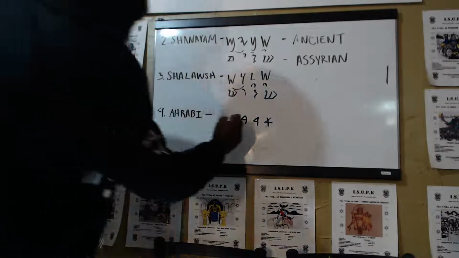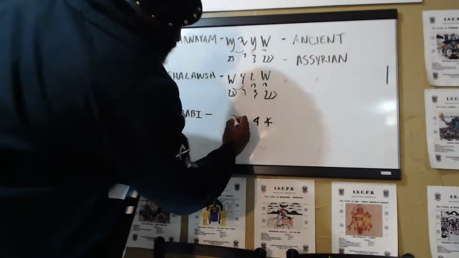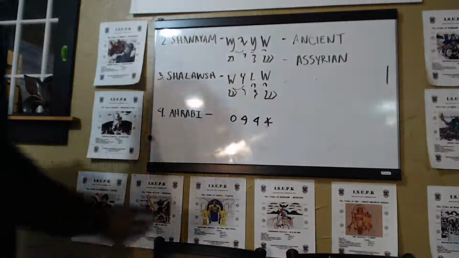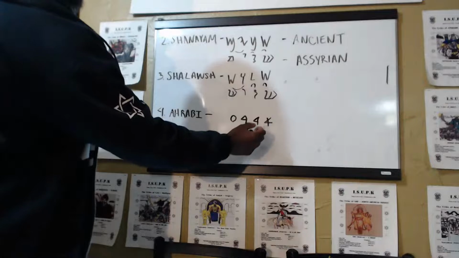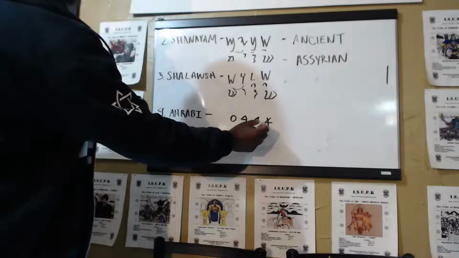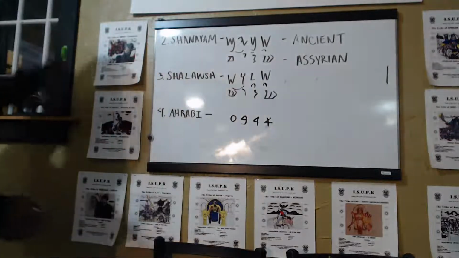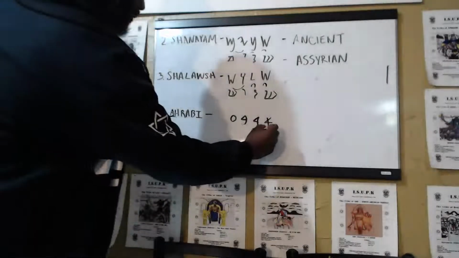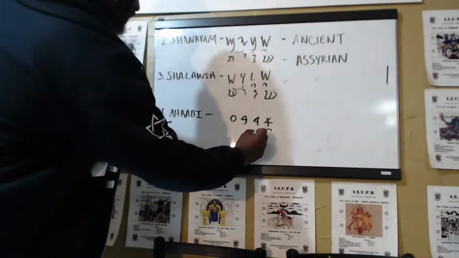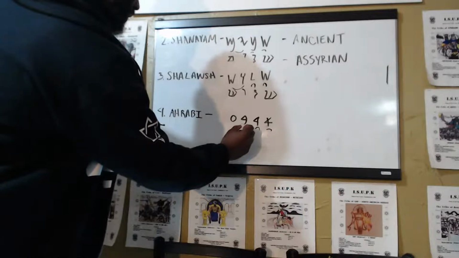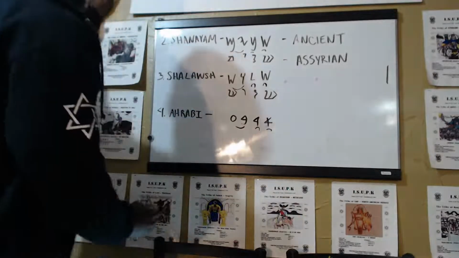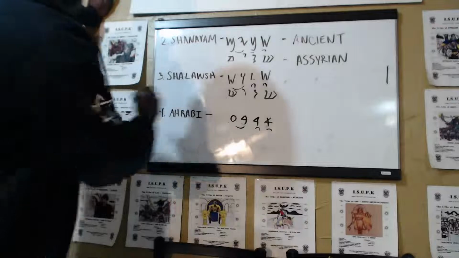And then we need the I. You've got the I, the Ra, the Ba, and the I. So this is not connected. This is not connected. This is connected. Arabai.